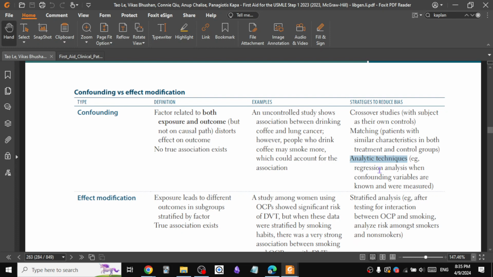Okay, this regression analysis, also called linear regression or logistic regression, will help you measure, quantify, right? If you give them the data you have found and put the set of formulas into the program, the program will spit out the value, the graph value, and it will tell you, you know what, there is an actual correlation. Okay, there is an actual relationship between these two independent and dependent variables. Okay, that's what analytic techniques do, right?